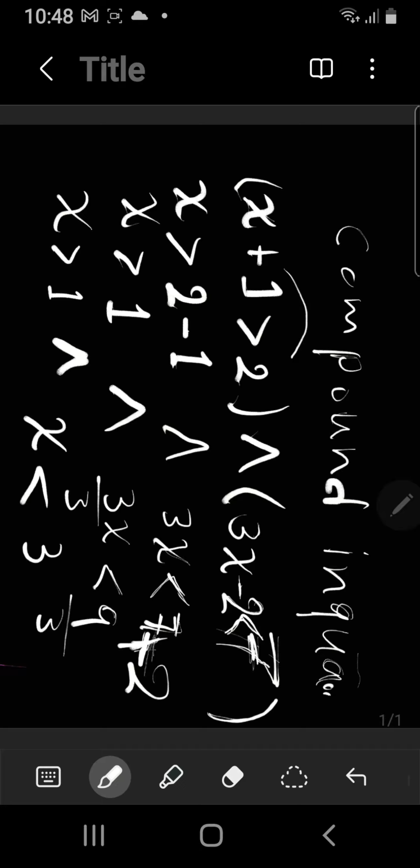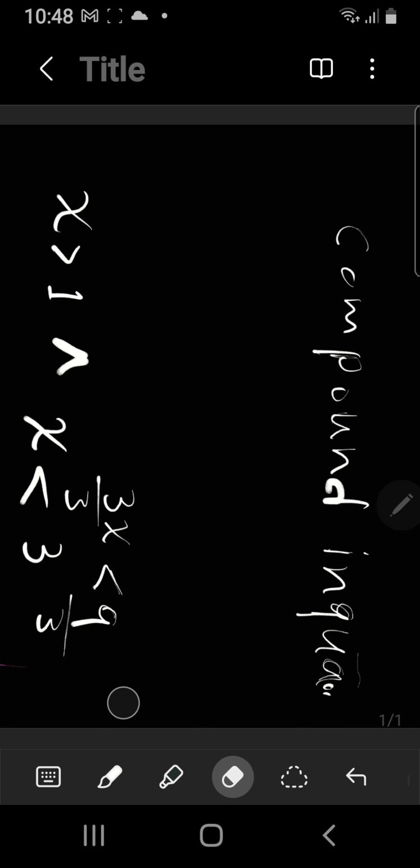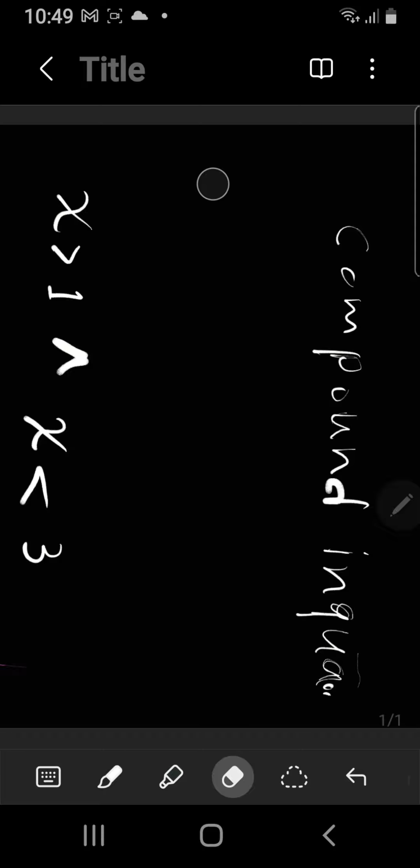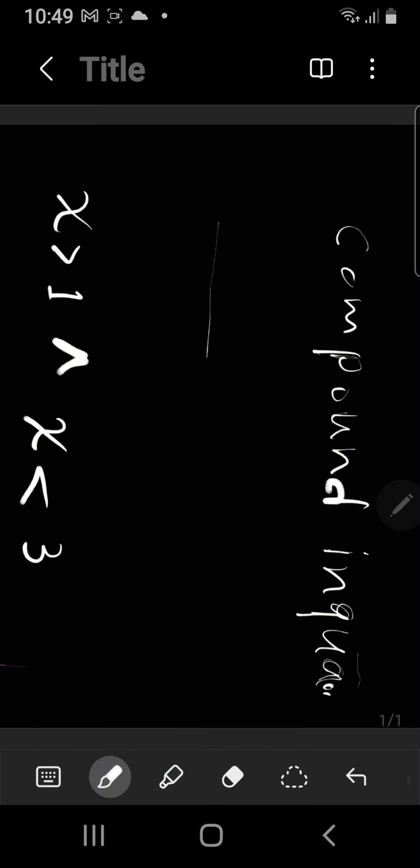How can I plot a compound inequality on a number line? Look, we have a number line here. Because we have and, you should extend the number line.